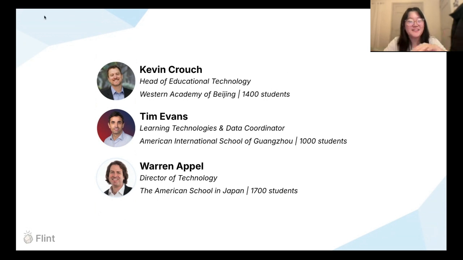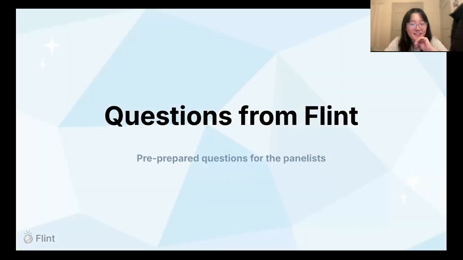So a pretty good mix of where people are from, and a lot of people who work in tech roles at their school, but also some people who work in innovation, and even learning specialists. That's the mix here.